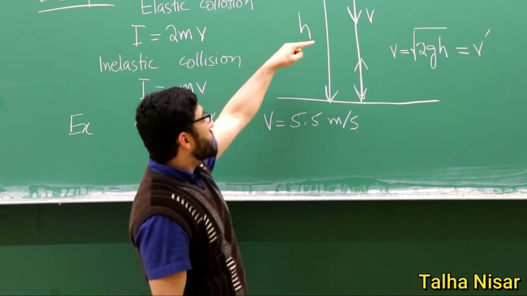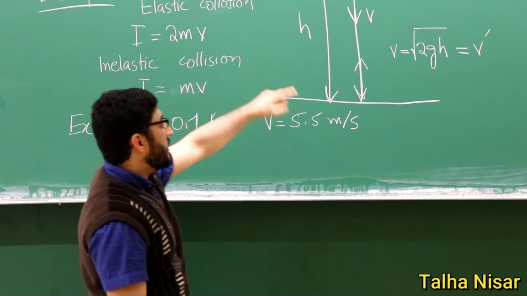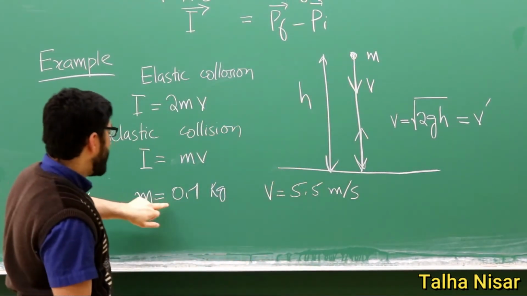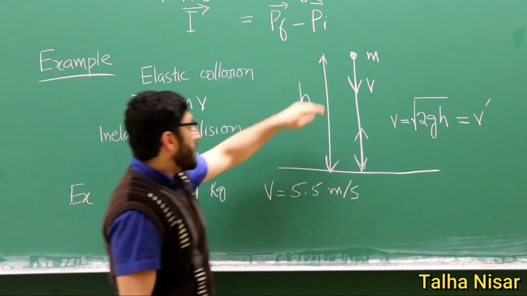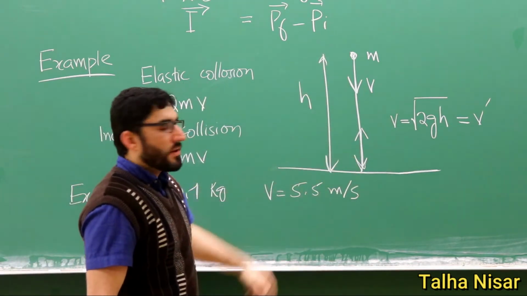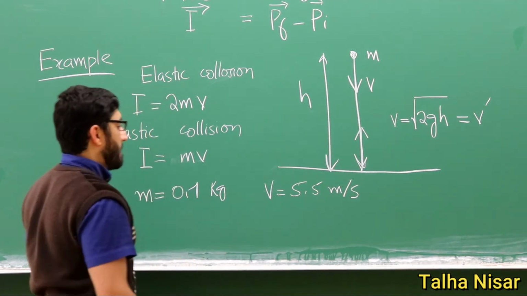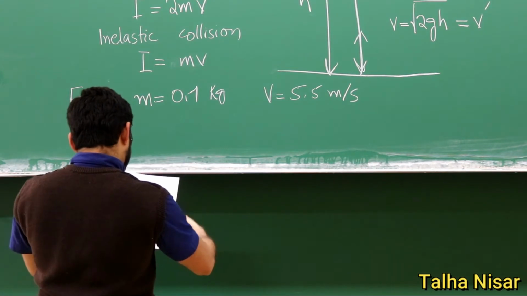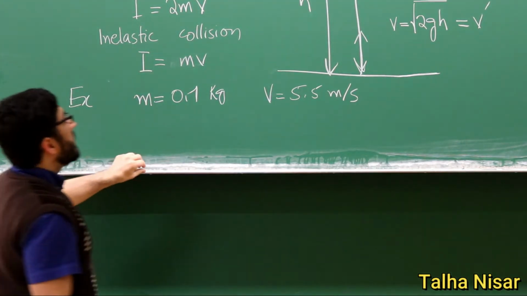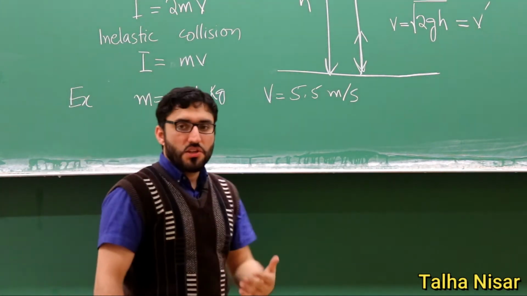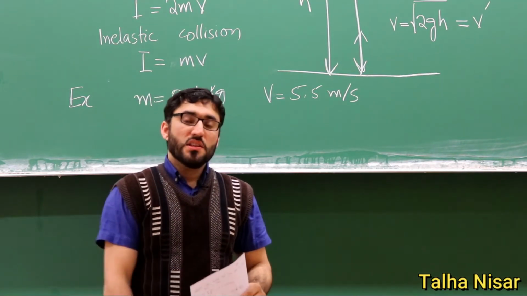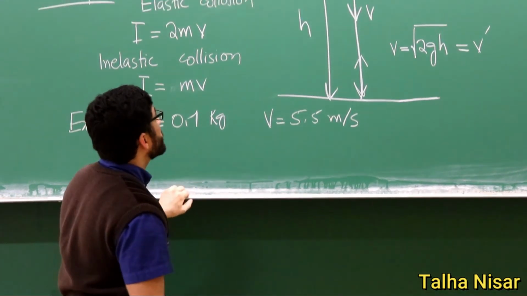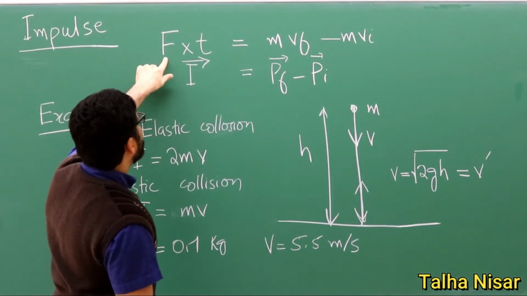We drop a mass, the same example, with mass 0.1 kilogram and velocity 5.5 meters per second. In the case of the elastic collision, when it hits the ground, the floor and the ball will feel an extremely high force, and this force we can calculate.